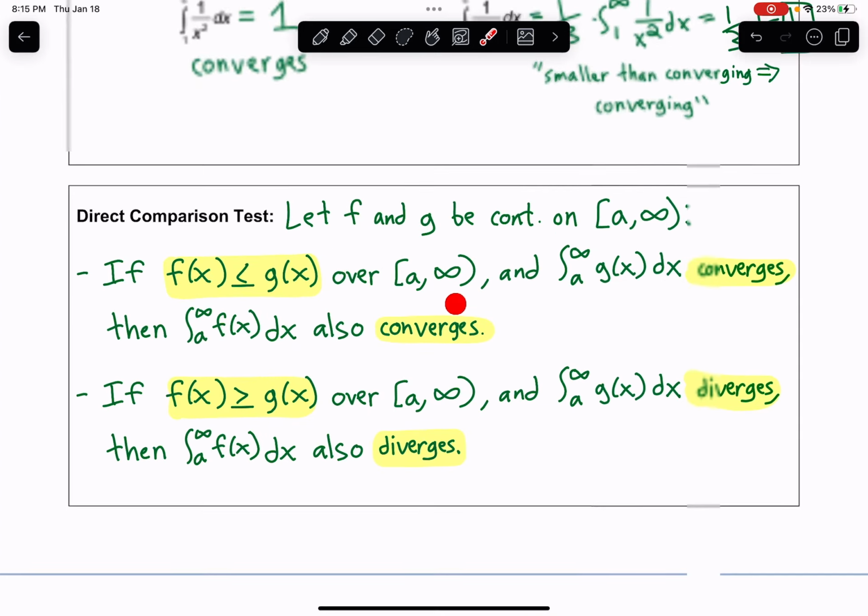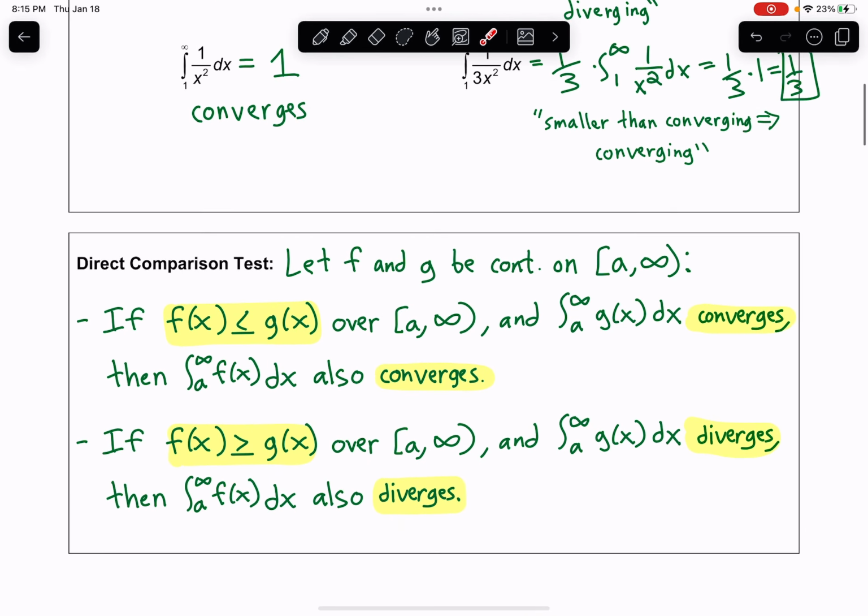Again, just what we said earlier: smaller than converging will converge, larger than diverging will diverge. That's what the direct comparison test says.